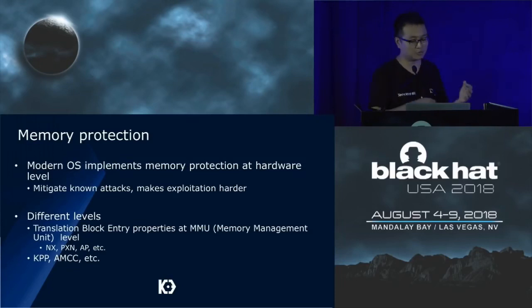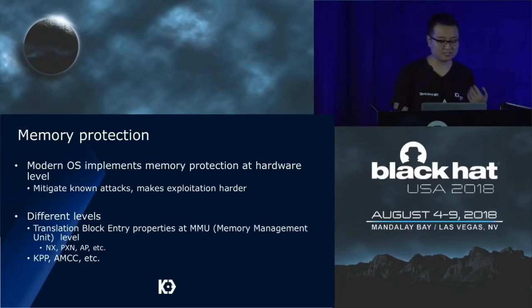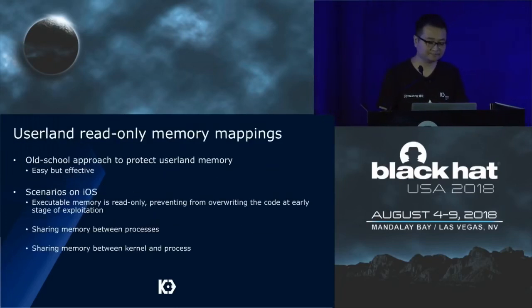And also the AP, which indicates access protection, like read-only, write-only or execute-only memory. Besides that, there are also some mitigations like KPP and AMCC, which also relate to memory protection, but they are implemented at a deeper and lower level, which is not in the scope of this talk.